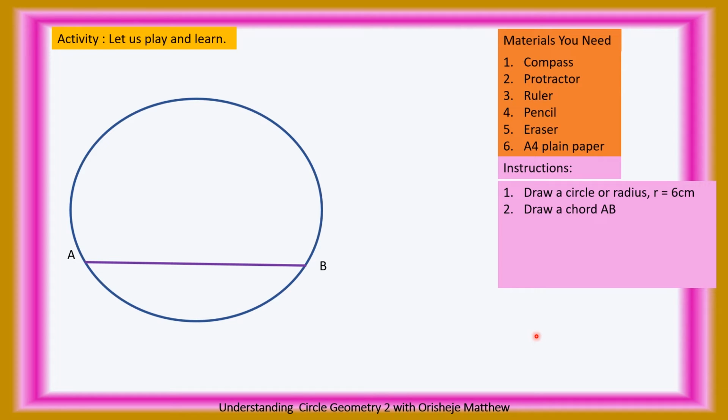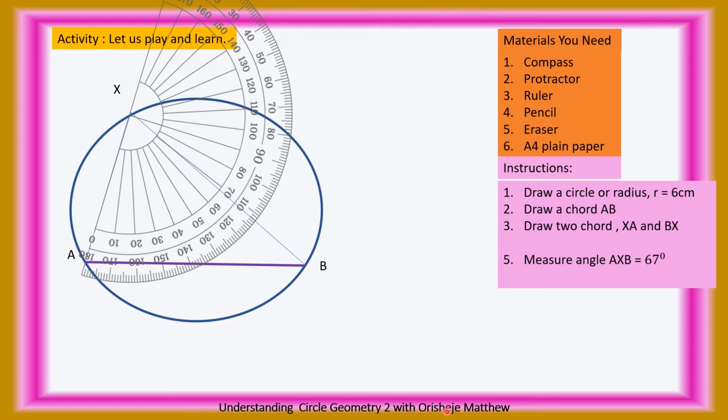If you have different colors, you can also use them. Now I'm using blue and purple. So draw this chord, where they meet at this point here, let's call it X. Then measure the angle AXB using your protractor.